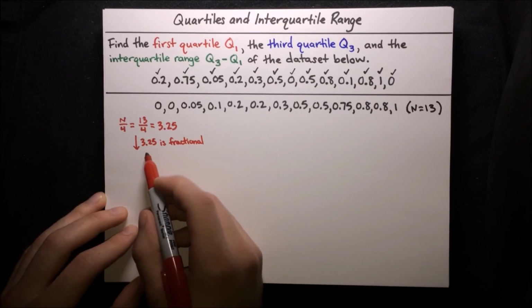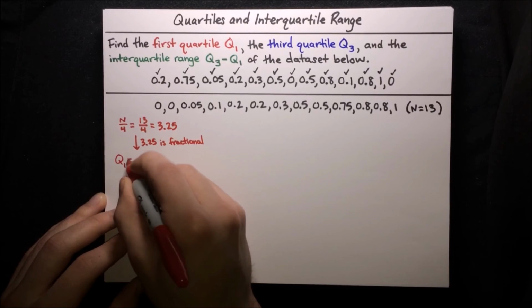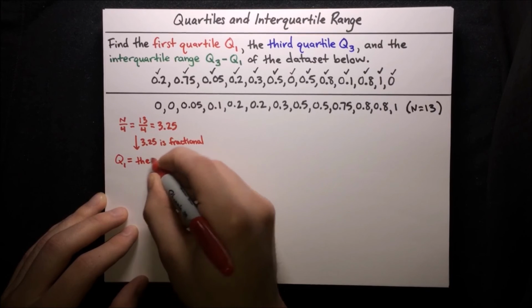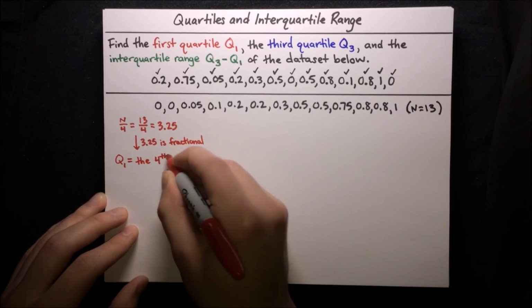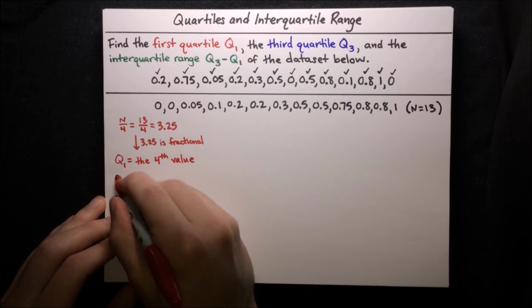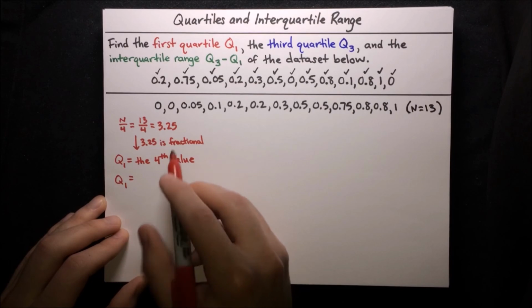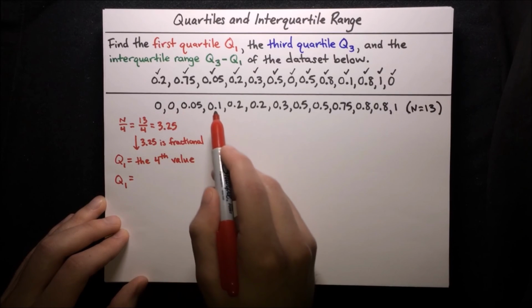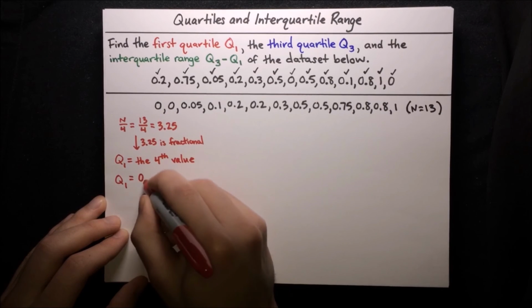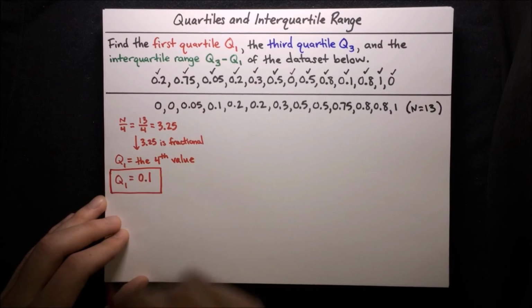So round up from 3.25 to 4. So Q1 equals the fourth value. What is the fourth value? Well, 1, 2, 3, 4. 0.1. So there you go. That is the first quartile, 0.1.